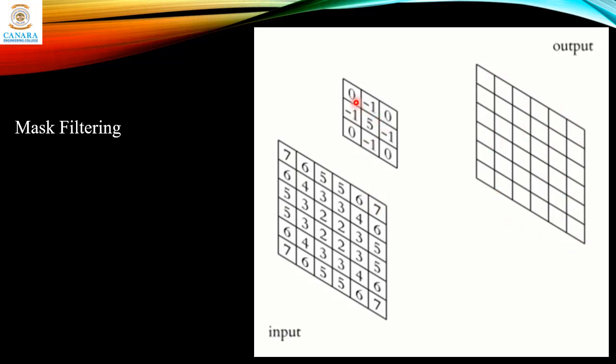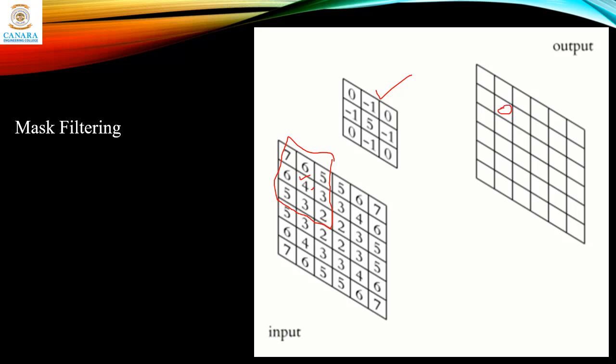Basically we'll keep this filtering mask, so if I want to filter 4, I'll keep this mask like this, and then I'll filter. I'll write the output at this location. The 4 is one row down and one column down, so at this location I'll write the filtered value.